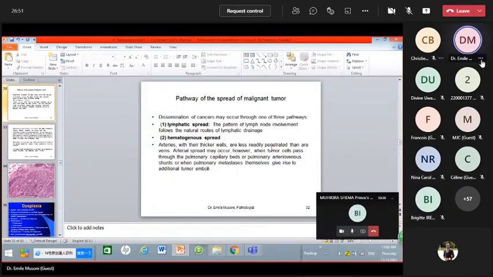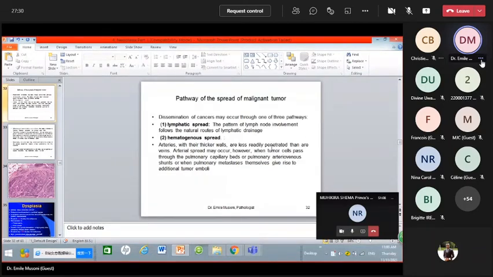So, as an assignment, you will write a long list of benign and malignant tumors. Excuse me, sir, can you please repeat? You will write a list of benign tumors and malignant tumors. For example, a fibroma, a benign tumor, a fibrosarcoma, a malignant tumor, chondroma, then chondrosarcoma, adenoma, adenocarcinoma, you go like that.